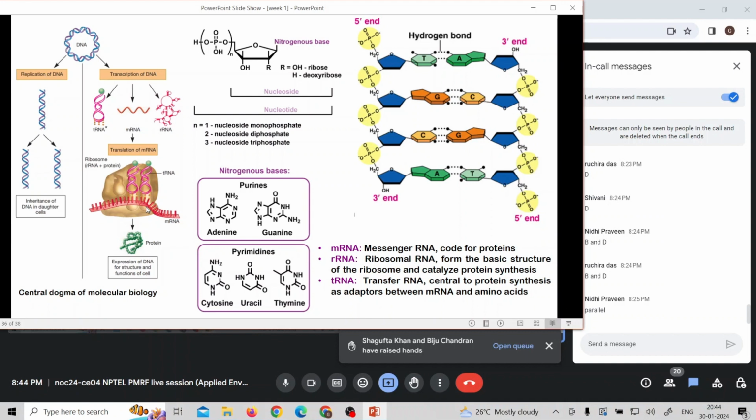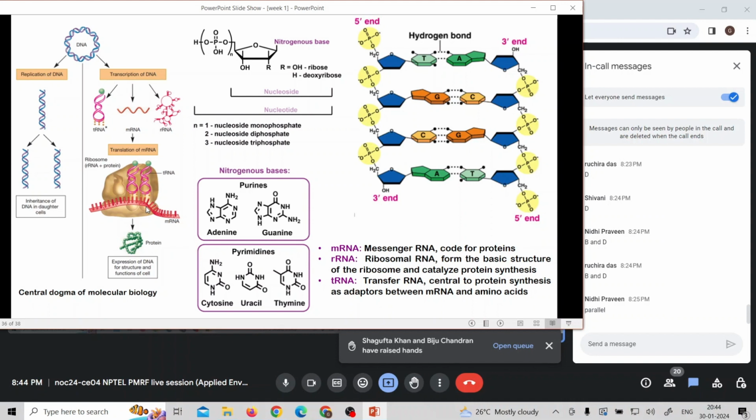And similarly, the next step is transcription of the DNA. This is a very important process wherein this DNA will be transcribed into whatever role they have to function. So this will generally contain the information. Now they will be transcribed into their corresponding roles as tRNA, mRNA, rRNA.